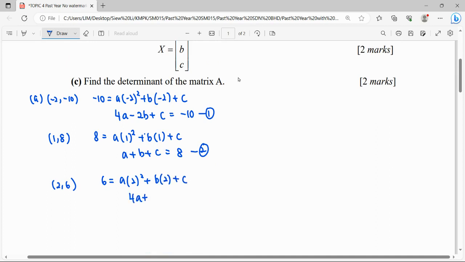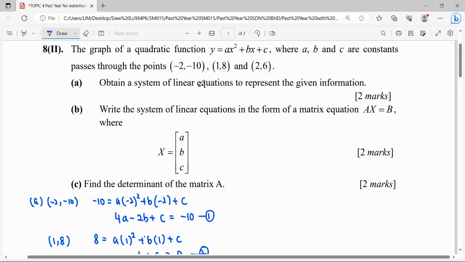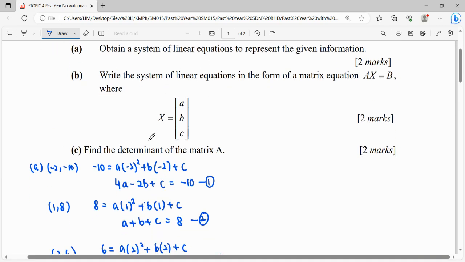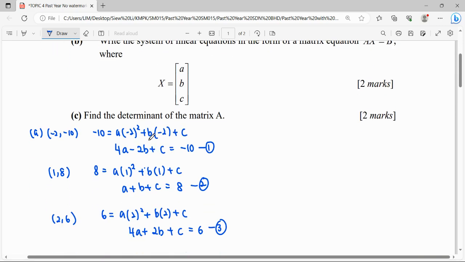Simplify and rearrange the y value here at the right hand side. So these are the 3 linear equations to represent the information.